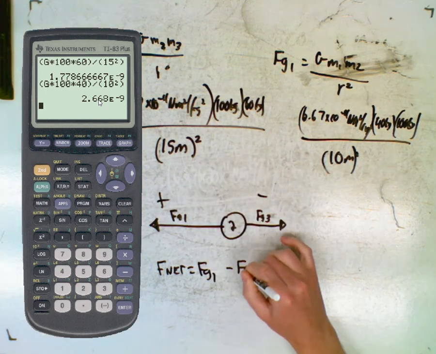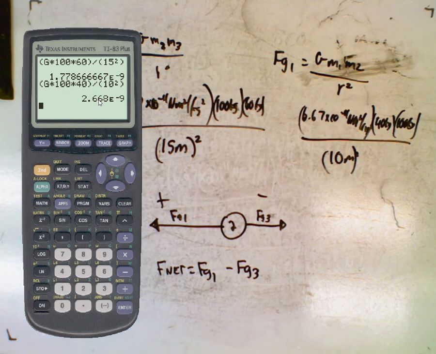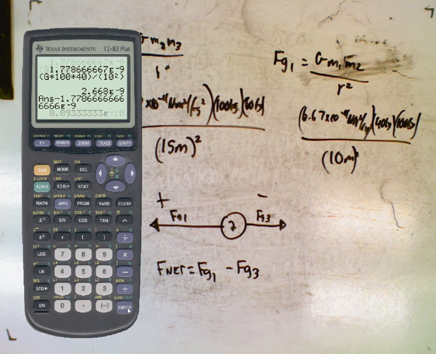Fg1 minus Fg3. So to find my net force acting on them, I just have to take this number and subtract it from 1.77866666666 times 10 to the negative 9. And I get that. That's my net force.